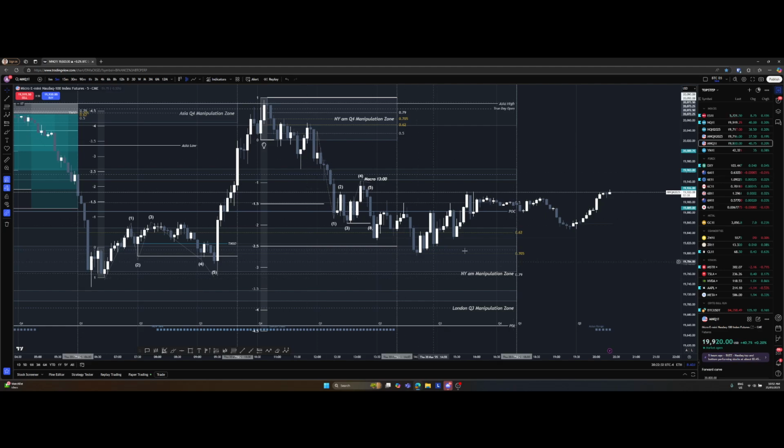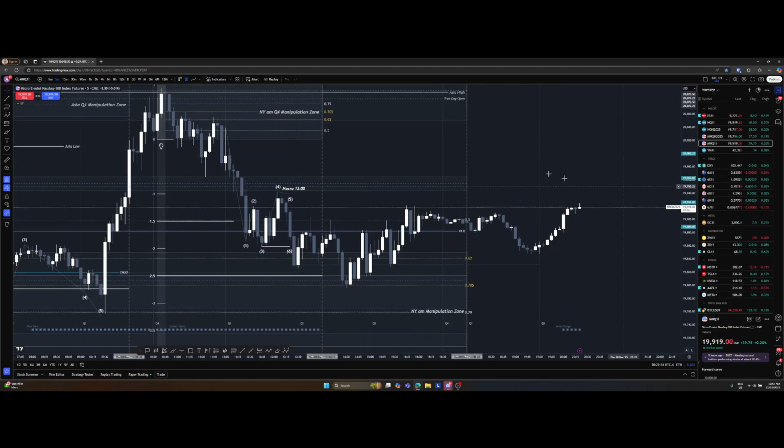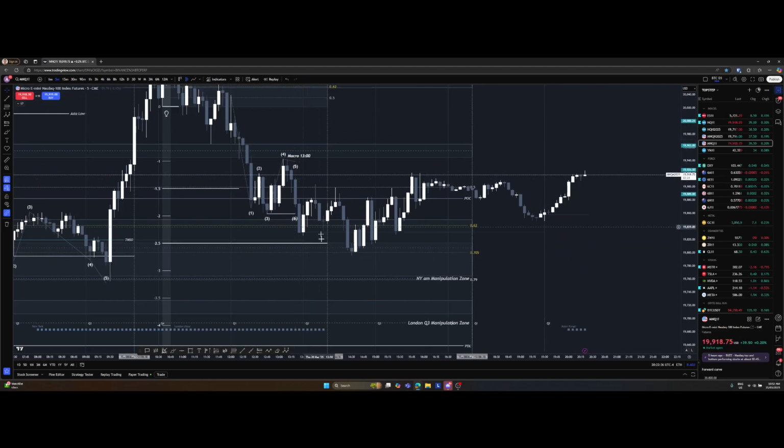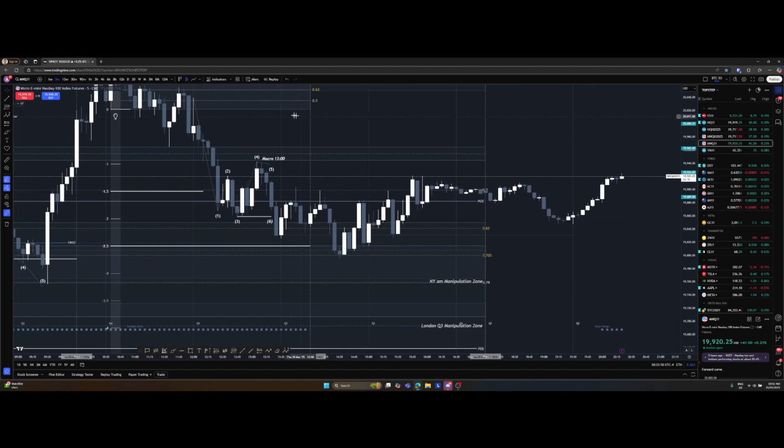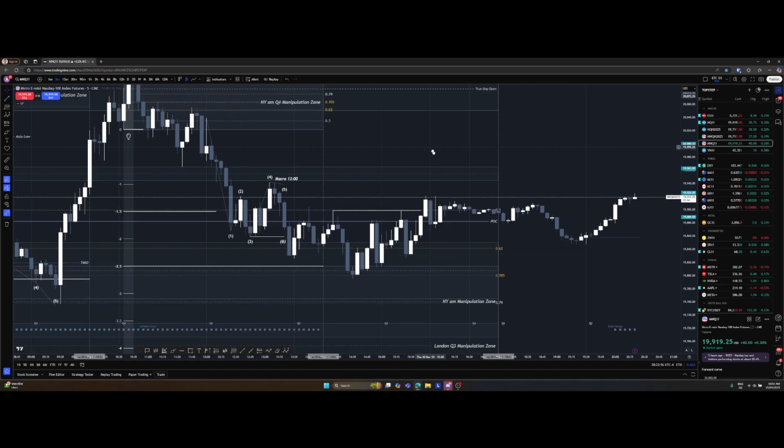So we come into the PM. Got quarter 2 here, so this is our new H4. Opened high, down to low. Open, low. Haven't broken until up here.